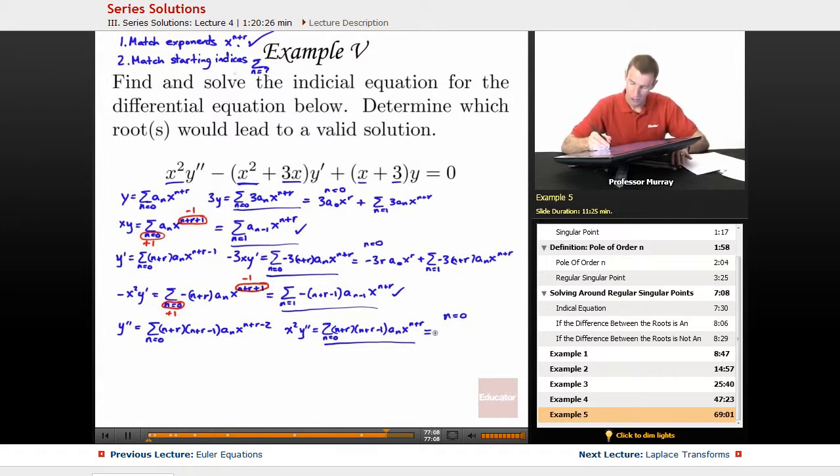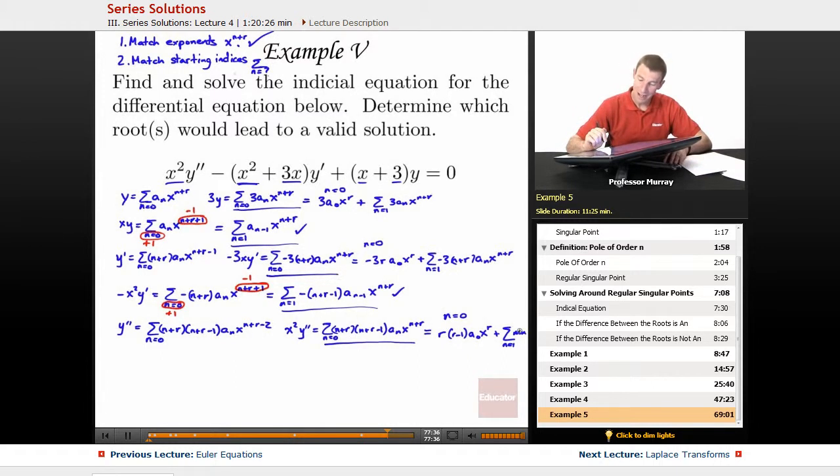Pulling out the n equals 0 term gives me just r times n equals 0, so r minus 1 times a0 x to the n equals 0, so it's x to the r. And then I'll have the sum from n equals 1 of the rest of it, which I'm not going to bother to write because I'm running out of room there.